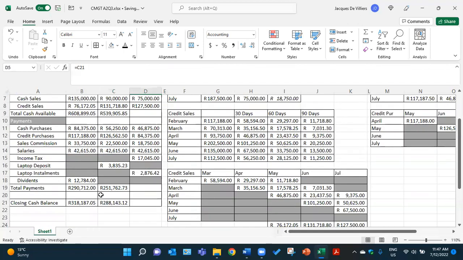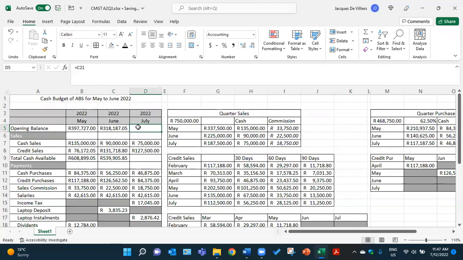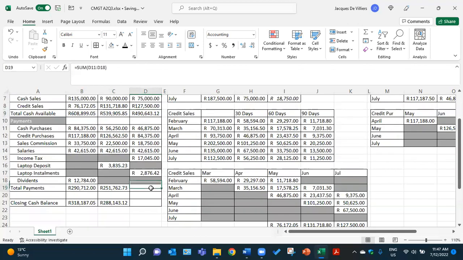And then in July, whatever I end off in June becomes my opening balance for July. Because I have that now, I can calculate the total cash available. I can total my payments, and then I can see how much cash I have available at the end of the quarter.